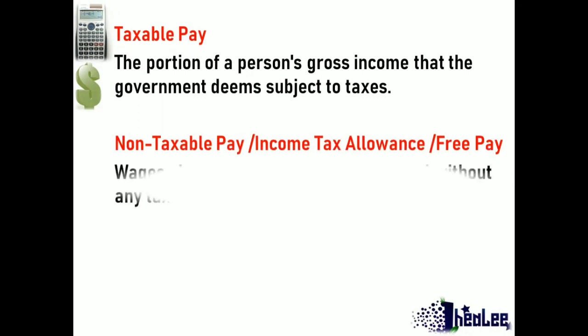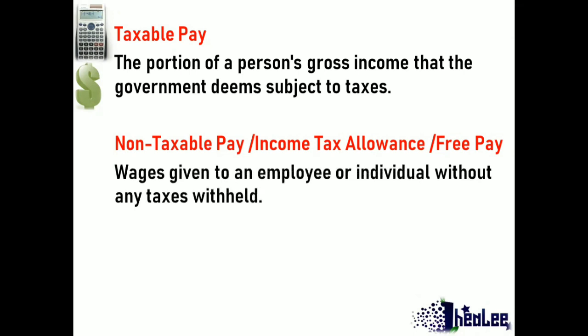Non-taxable pay are wages given to an employee or individual without any taxes withheld. So no income tax will be charged on that value. So once they say income tax allowance, or the question says the first $1,000 or the first $20,000 is 0% tax, it means that that is the non-taxable pay.